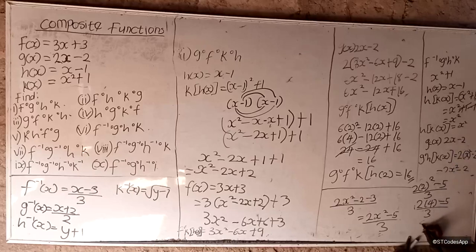That's 8 minus 5 over 3, which goes to 3 over 3. 3 here 1, 3 here 1. So our final answer for f inverse of g of h of k of 2 equals 1.